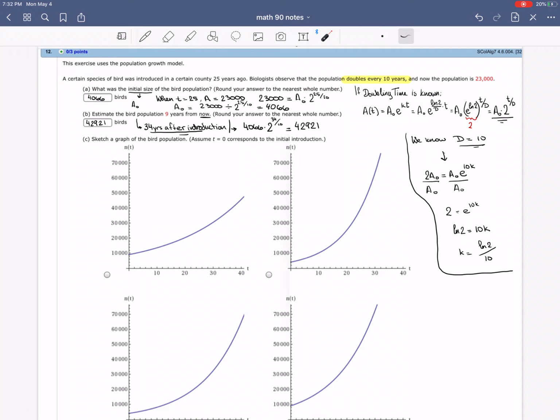Last but not least, sketch a graph of the bird population, okay? So notice that we have 3 data points here. We know the initial size of the population, which is about 4,000. We know the amount of birds 25 years after the population is introduced, which is 23,000. And we know that 34 years in, we're looking at about 43,000.